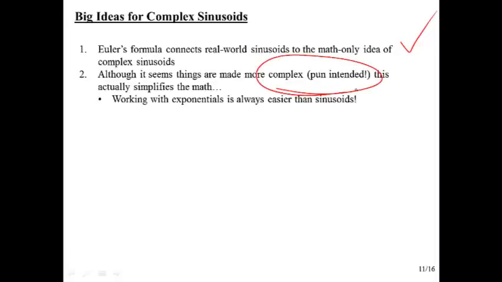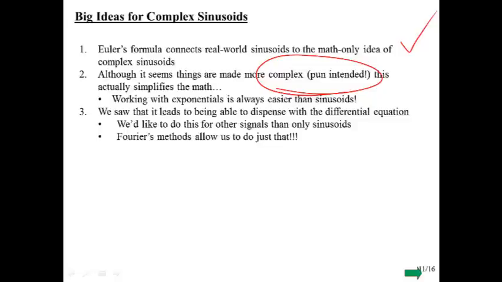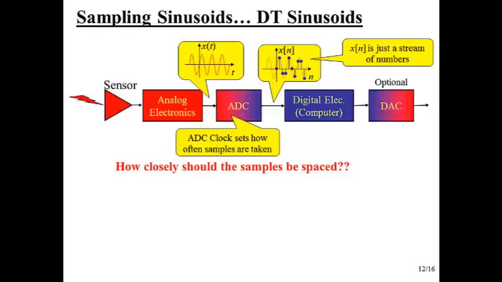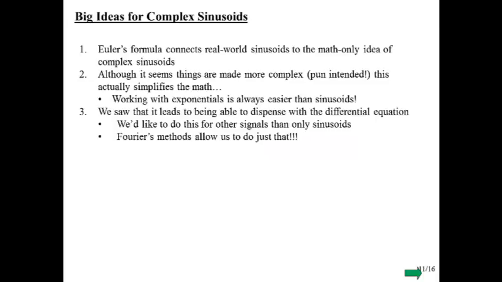Excuse my pun here about seeming to make things more complex, but these complex sinusoids really help us out a lot, and we'll see that over and over. And what it does is it allows us a very easy way to solve a differential equation in general, or an RLC circuit in specific. Okay, so that's the end of that idea.